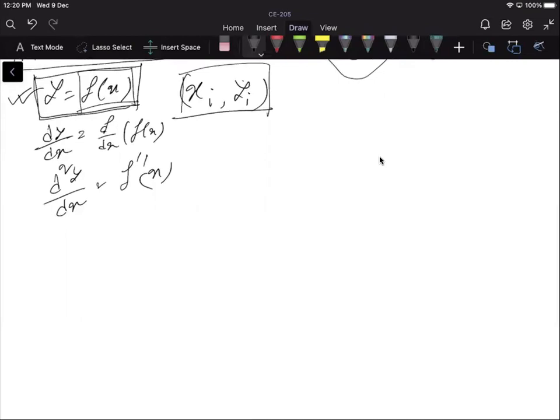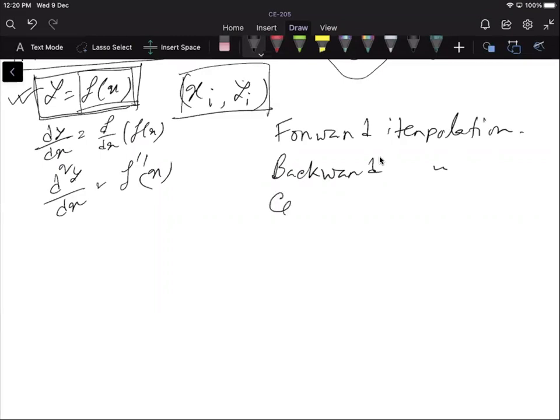Again, the same things will arrive here: forward interpolation formula, backward interpolation formula, central interpolation formula. So these are the basic three things, and the concept of choosing forward, backward, or central is very simple.